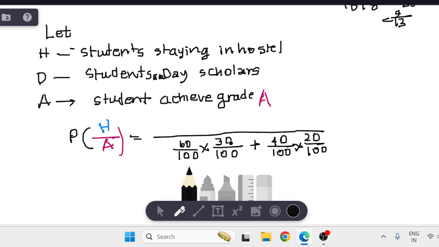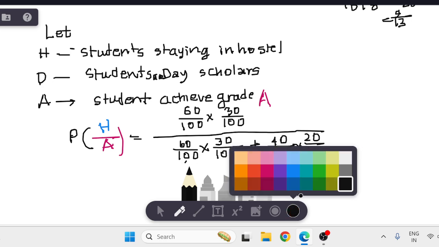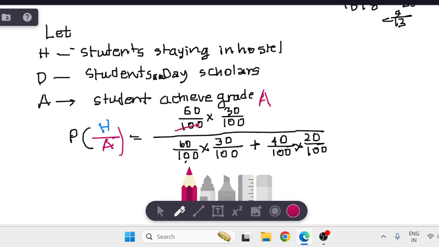There are 60%, this means out of 100, 60 students are staying in hostel. In that, 30% is getting grade A. So it will be into. So on the top, it will be 60 by 100 into 30 by 100. Can I cancel this 100?